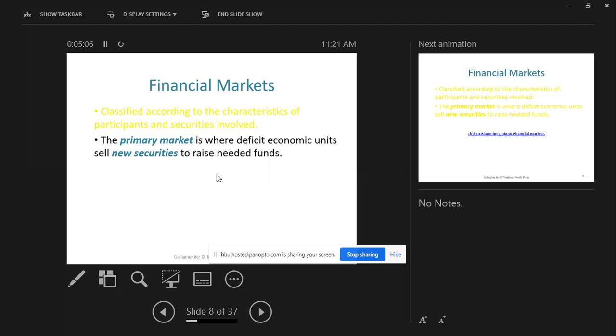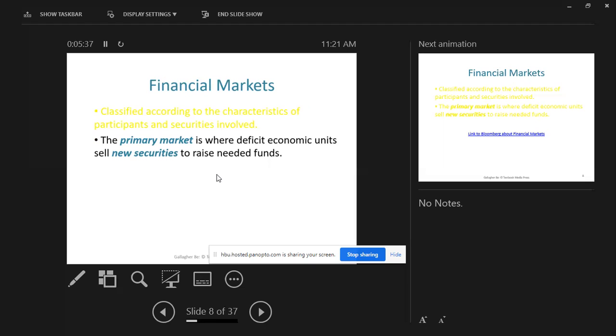Everything is new. There is a term called IPO. Do you know what IPO is? IPO is initial public offering. When a company does an initial public offering, that is a primary market.